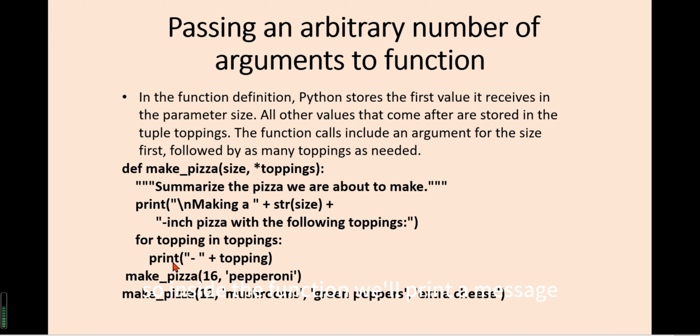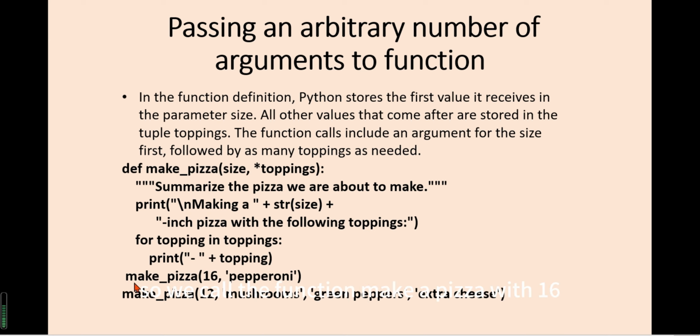Inside the function, we print a message using the str function for the size, because size is a numeric value and we have to use a string here in the printing: the size-inch pizza with the following toppings. Then a for loop prints each topping in the toppings tuple.